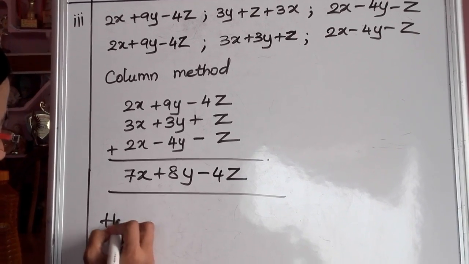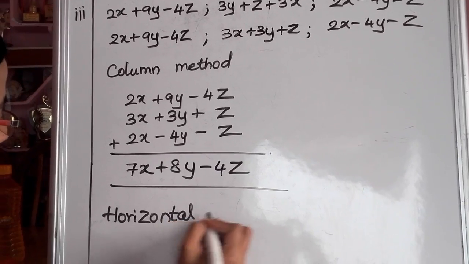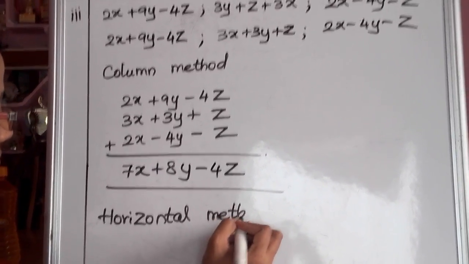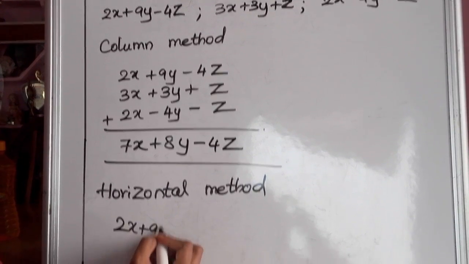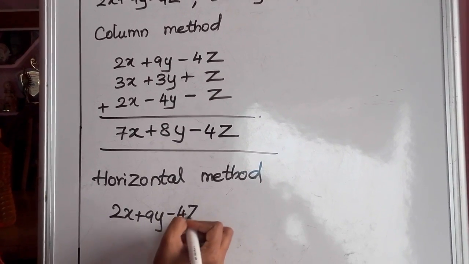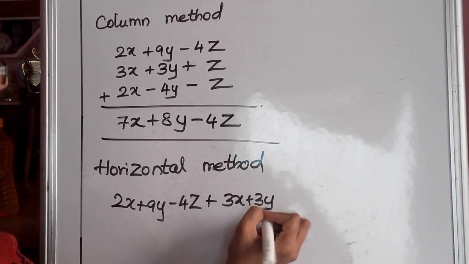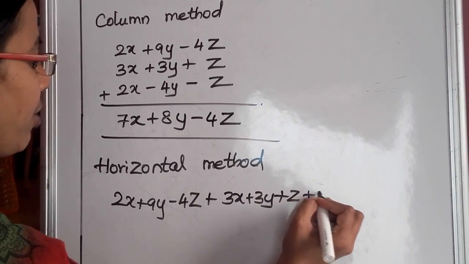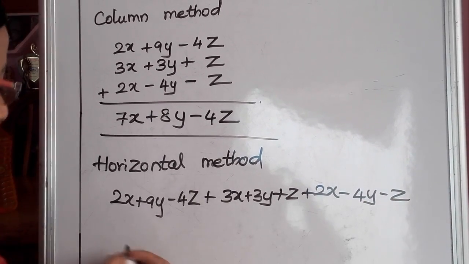Now let us use the horizontal method. 2x plus 9y minus 4z plus 3x plus 3y plus z plus 2x minus 4y minus z.